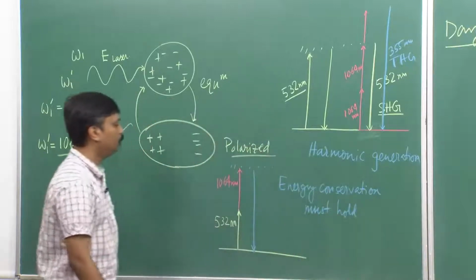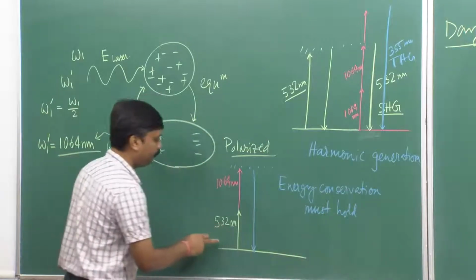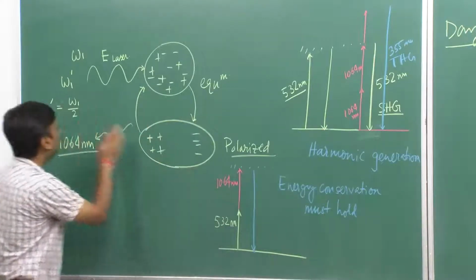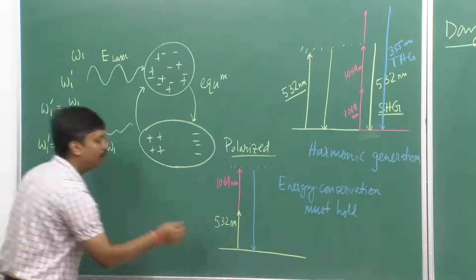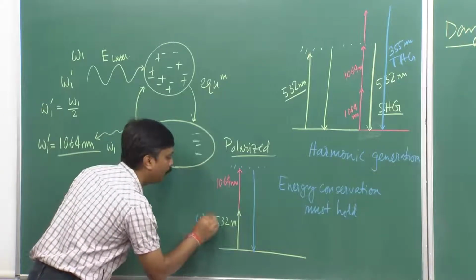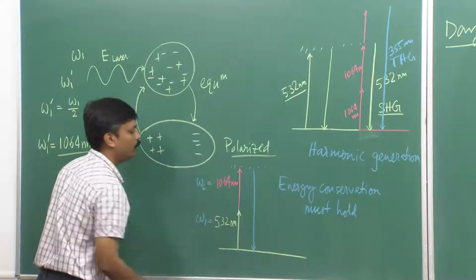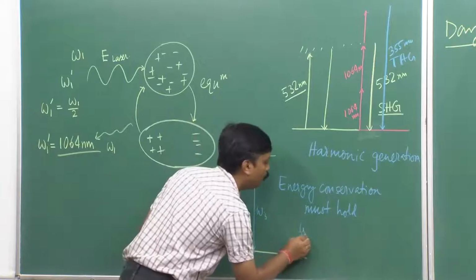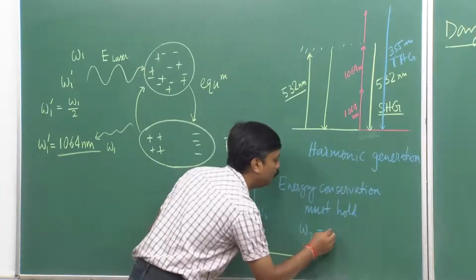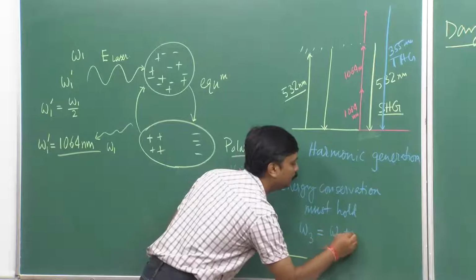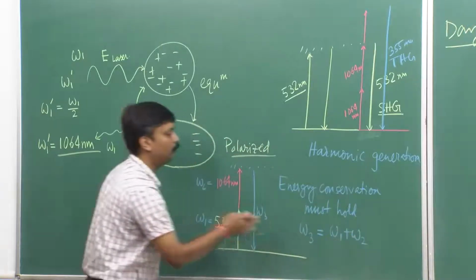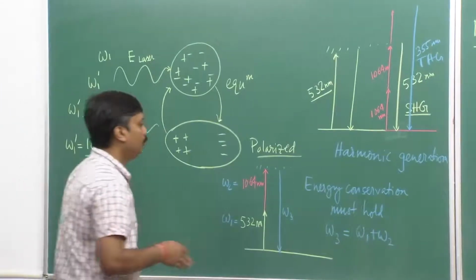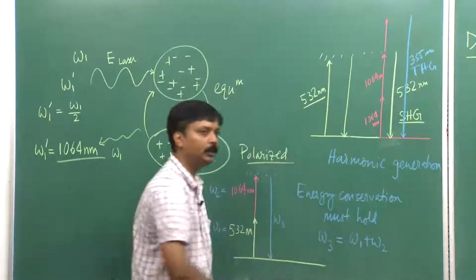Okay. So, I can say that suppose this is my omega 1, this is my omega 2, do not confuse with this terminology anymore. If this is my omega 1 and this is omega 2 and this one is omega 3, then my omega 3 must be equal to omega 1 plus omega 2, because I must have the energy conservation for this particular process.